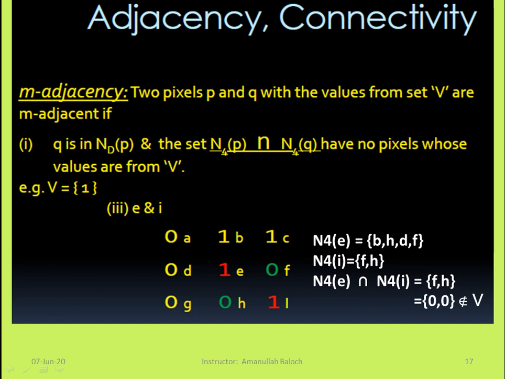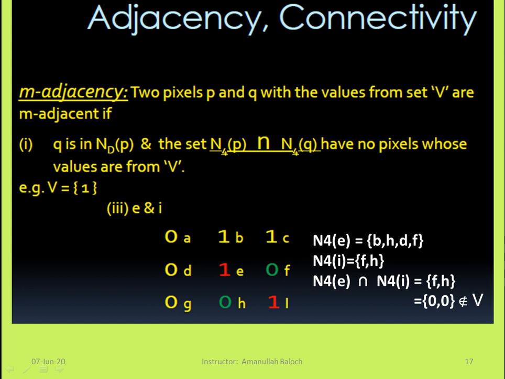And what are the gray level values of these 2 pixels F and H? The gray value of F is 0 and the gray value of H is also 0. So 0, 0. The gray values of this set do not belong to V, so this condition is satisfied.